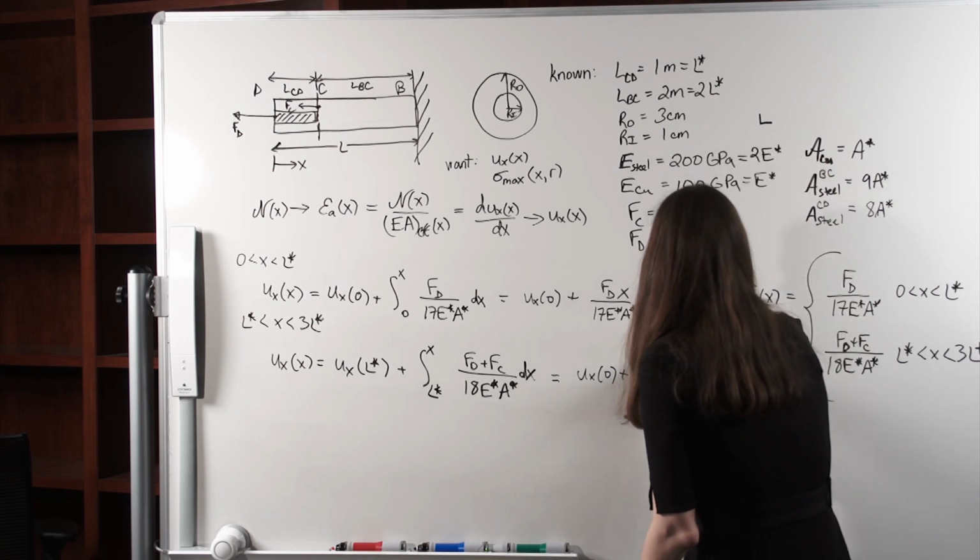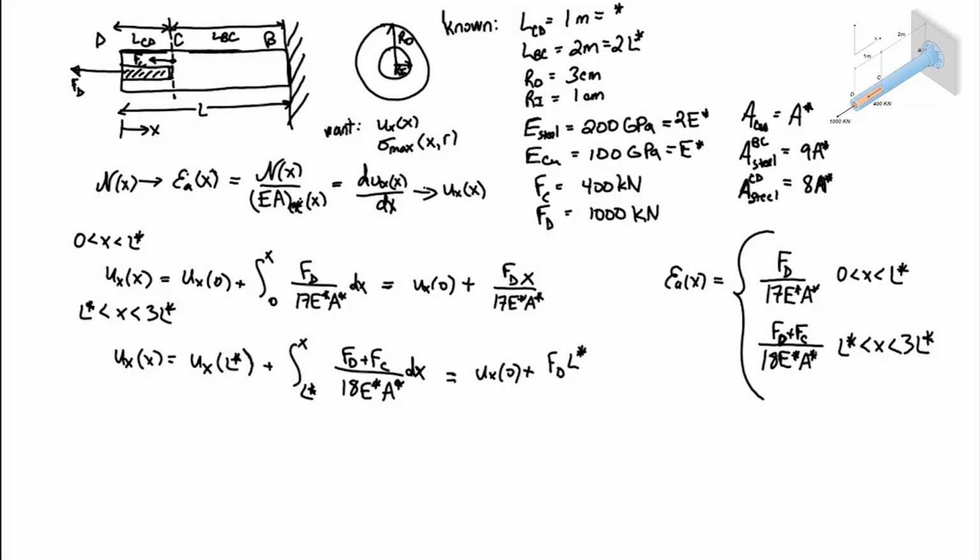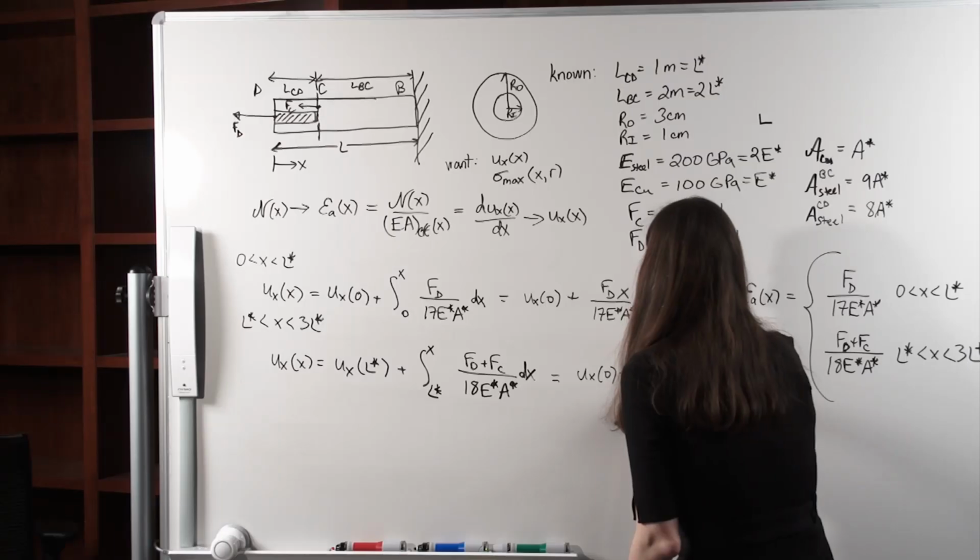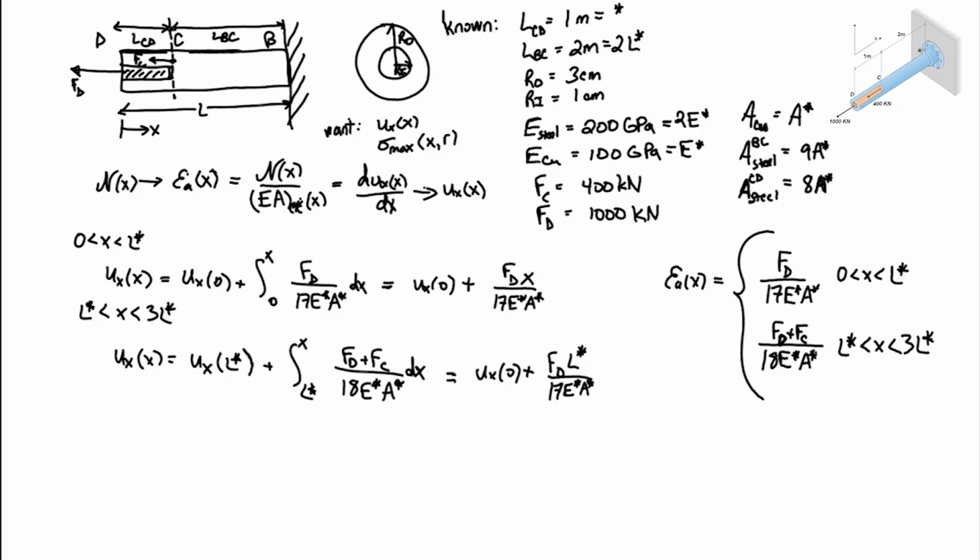So we can write down L star over 17E star A star, plus, finally, this integral. So we have Fd plus Fc over 18E star A star times x minus L star.